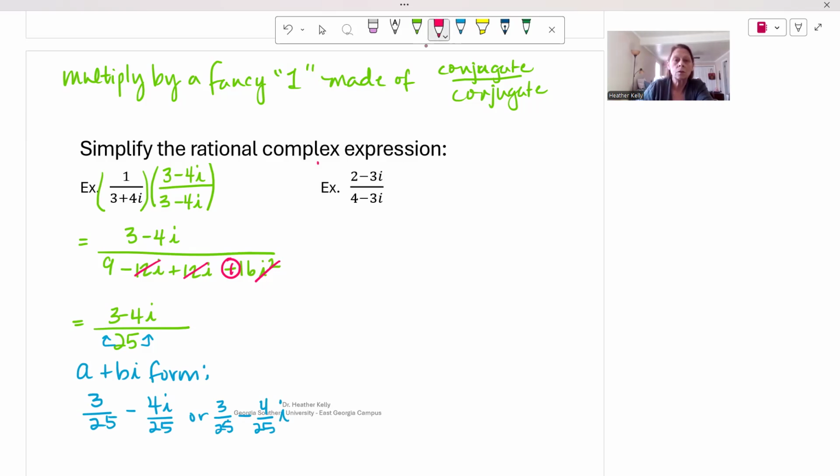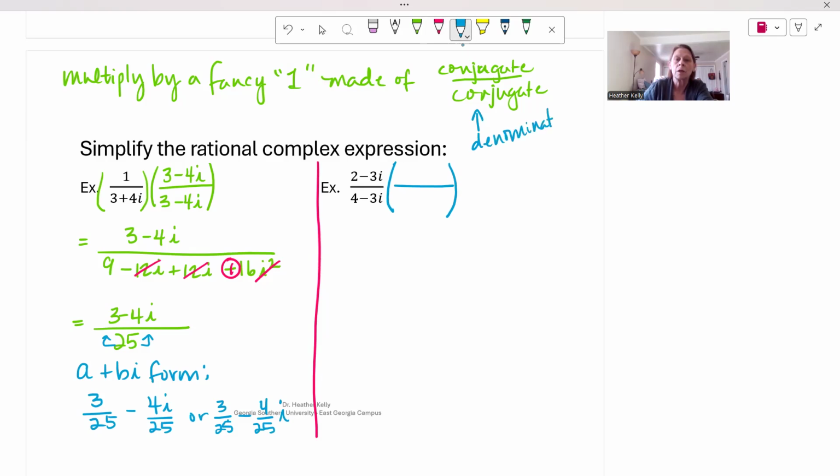Okay, so let's do this other one. Now this one's going to require a little bit more work. Okay, so let's get going here. We need to multiply the top and bottom by the denominator's conjugate. It is the denominator's.